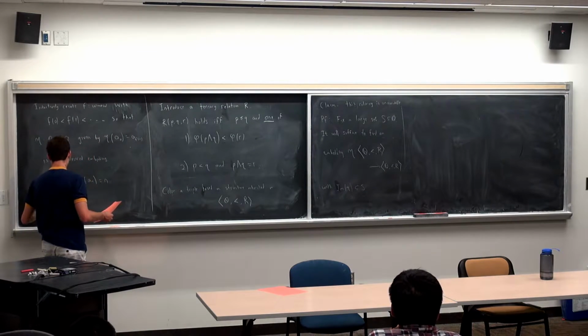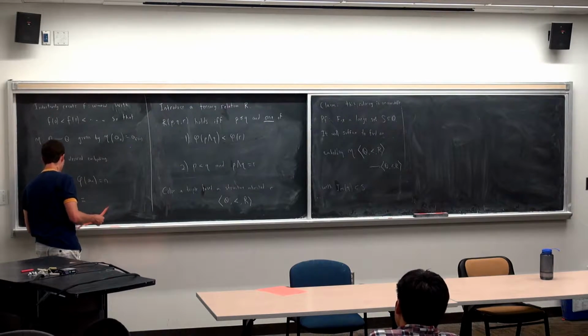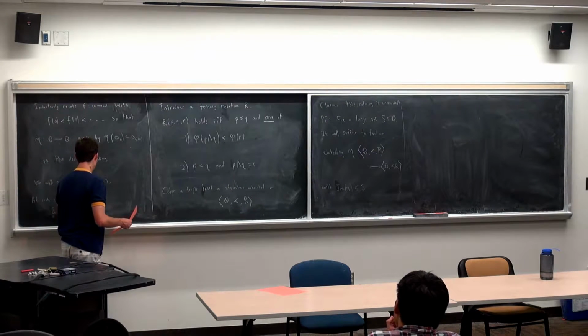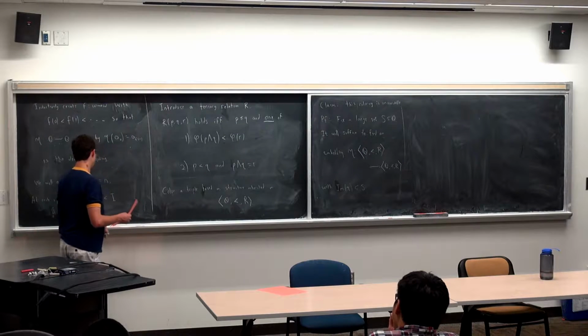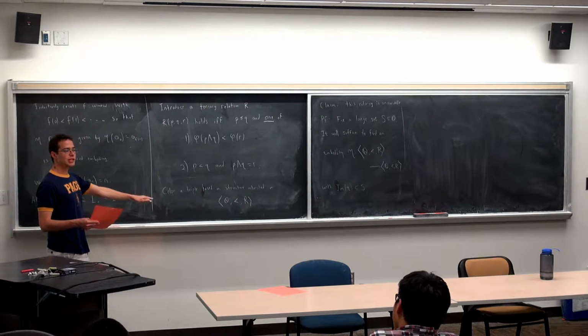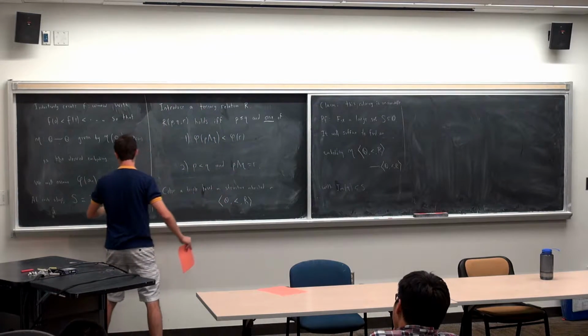At each stage J, I'm going to have intervals I_J,0 less than... really I'm saying S is the union of these things. Here's an interval and here's the next interval, so they're in order in this way.